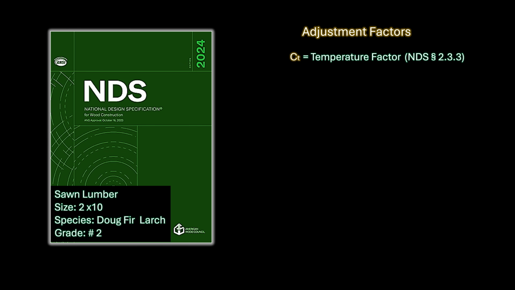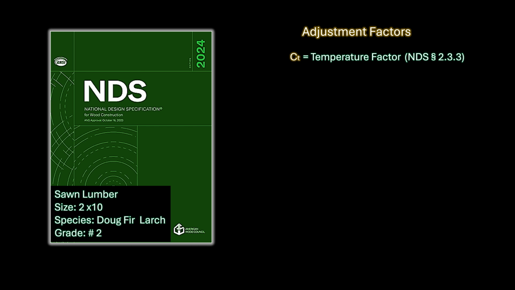The next factor that we will consider is the temperature factor. This factor is defined in Section 2.3.3 of the NDS and captures the effects of elevated temperatures on the capacity of lumber. The effects depend on the reference design value being considered and the in-service moisture conditions.